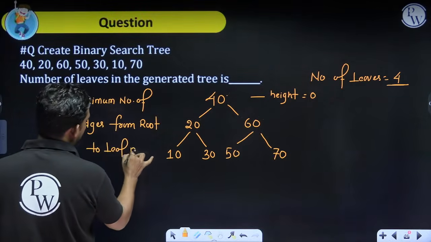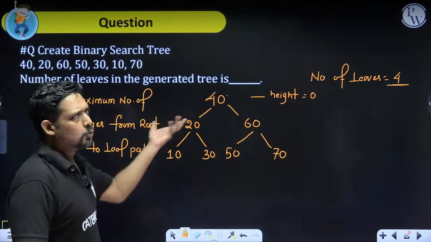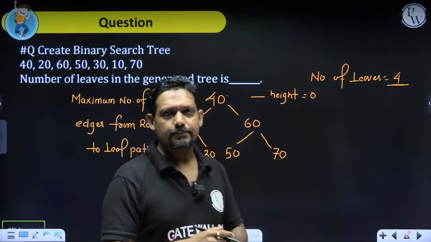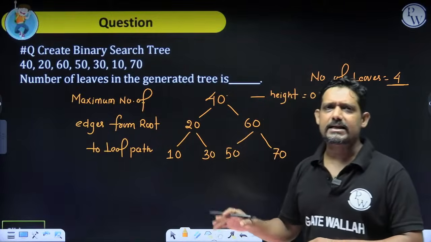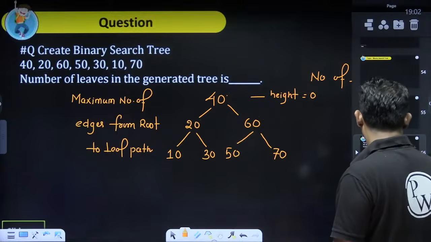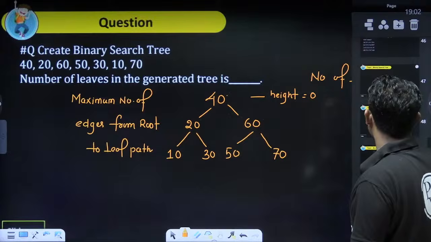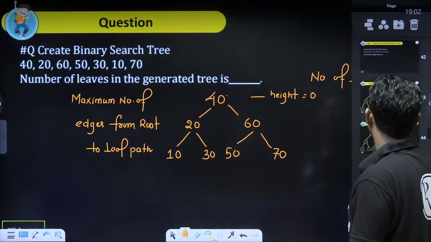So the maximum number of edges is 2 only. In this case the height is 2.